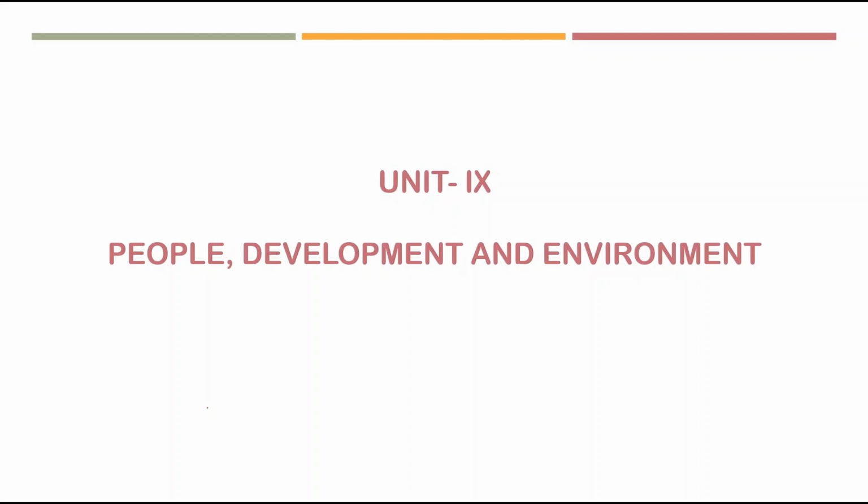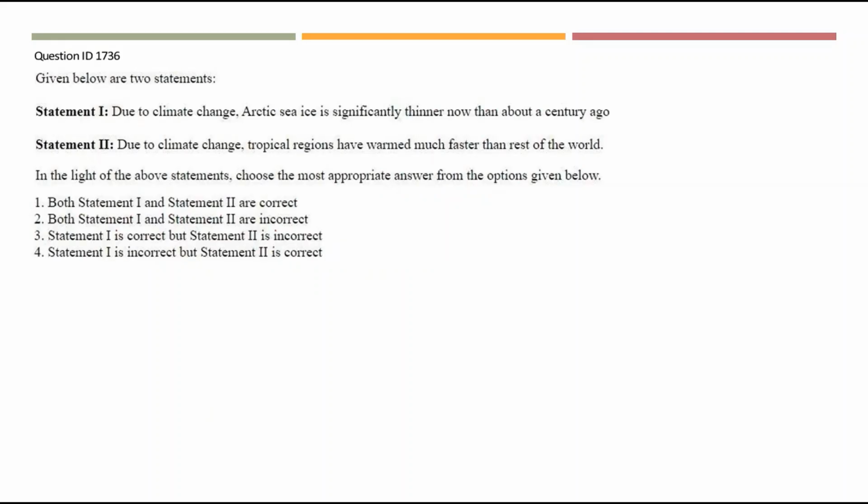Let's move on to Unit 9, People, Development and Environment. Given below are two statements. Due to climate change, Arctic sea ice is significantly thinner now than about a century ago. Arctic sea ice reaches its minimum extent every September. This September Arctic sea ice is now shrinking at a rate of 12.6% per decade.